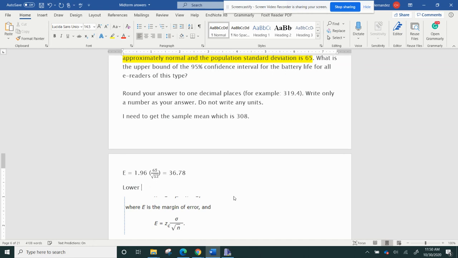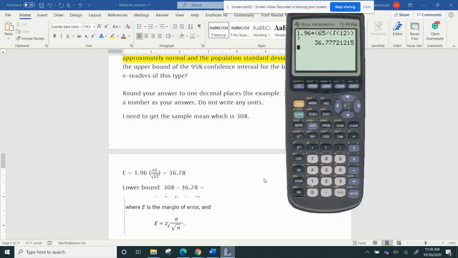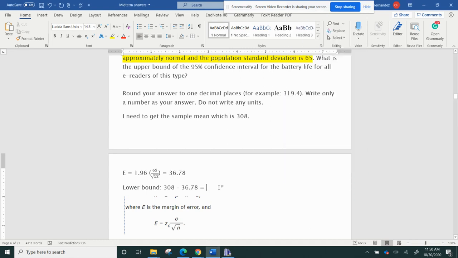Now let's do the lower bound, because you may have lower and upper bounds on the final. So the lower bound is 308 minus 36.78, and the upper bound equals 308 plus 36.78.